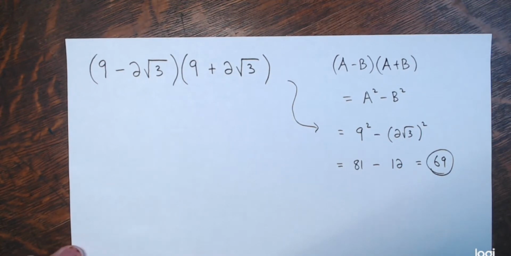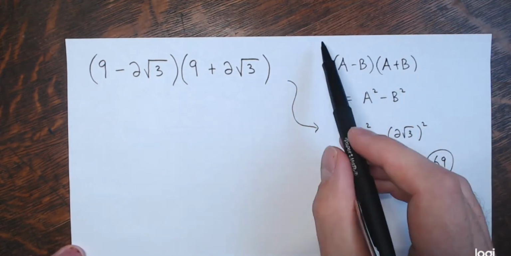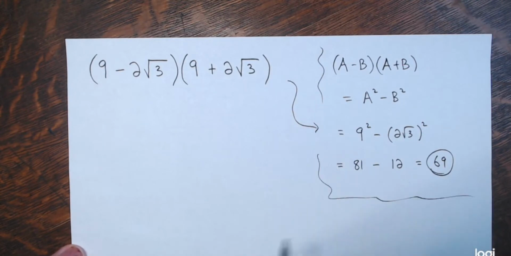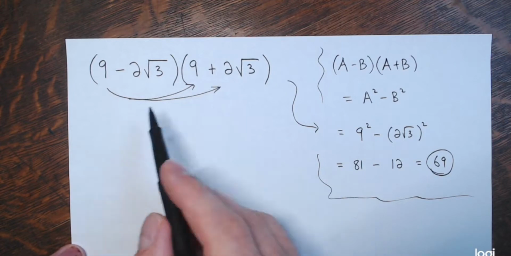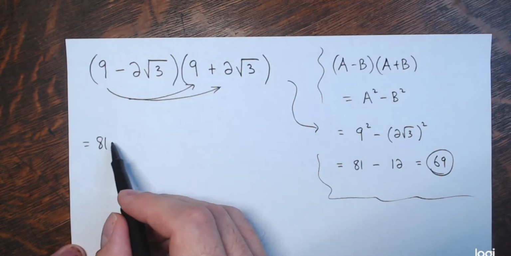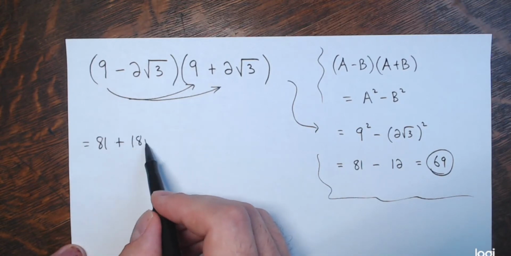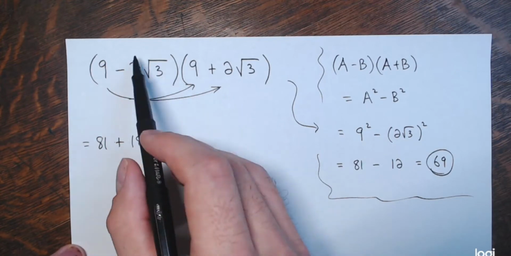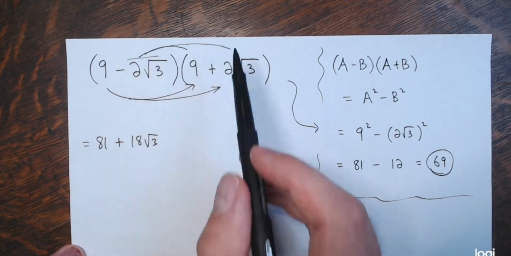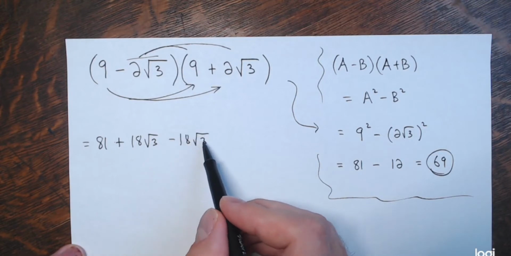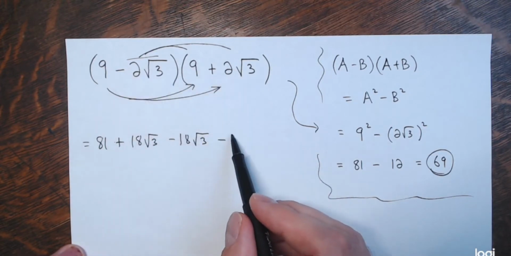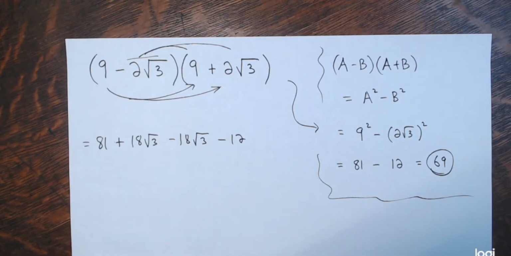Well, that's one way to do it, right? This was the formula way. Or we could distribute the 9. That'd be 81 plus 18 times the square root of 3, and then distribute the negative 2 root 3, giving me minus 18 times the square root of 3, and then minus 12, right? 2 root 3 times 2 root 3 would be 4 times the square root of 9, 4 times 3, which is 12.